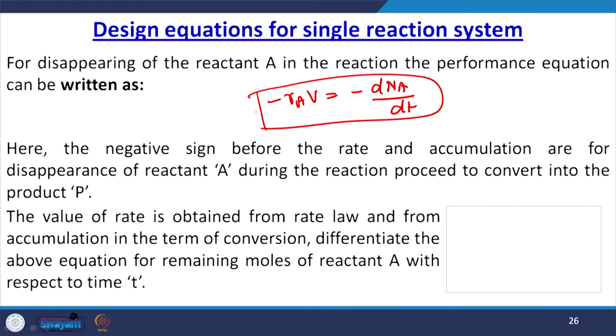Here the negative sign before the rate and accumulation are for the disappearance of reactant A, as I discussed previously, as the reaction proceeds and it converts into the product P. So the value of rate is obtained from the rate law, and for accumulation in terms of conversion, differentiate the above equation for remaining moles of reactant A with respect to time.